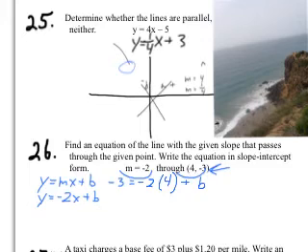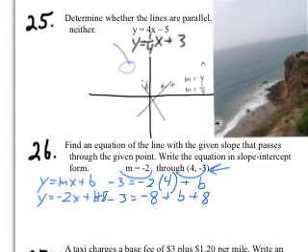But now you notice we have an equation with only one variable, so we can figure out what b is. Simplifying, negative 3 equals negative 2 times 4 is negative 8 plus b. Of course, we want to get our b alone, so we'll have to add 8 to both sides.